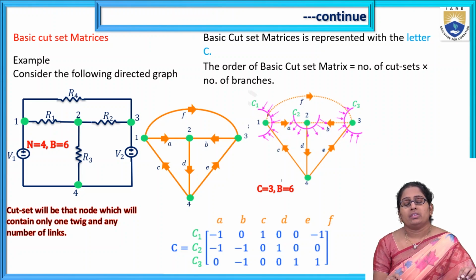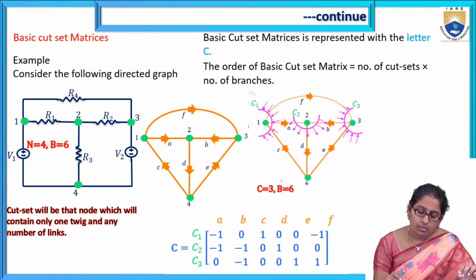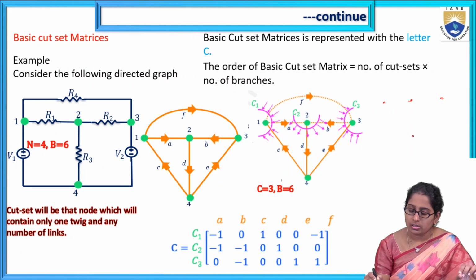So a cut set consists of only one branch of the tree together with the links. So cut set 1, this is C1. So that means, see, I can draw it so you can understand.